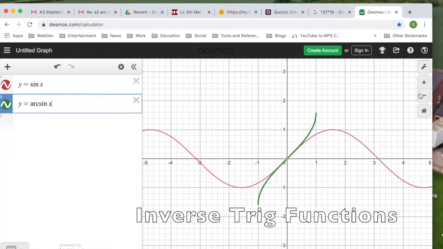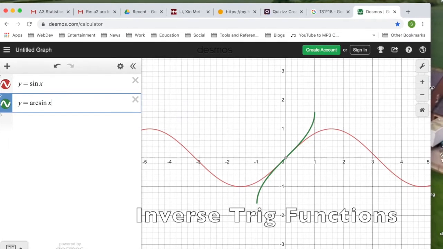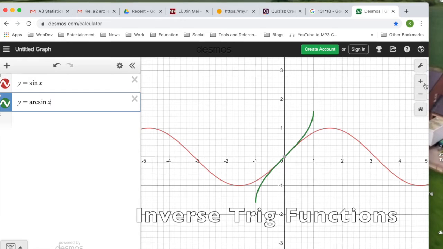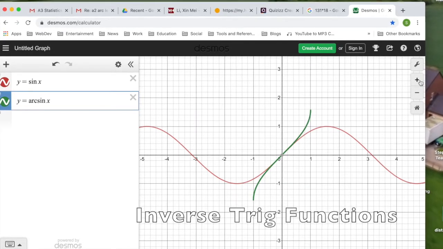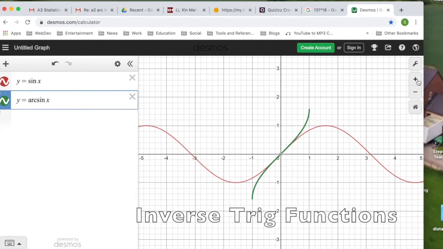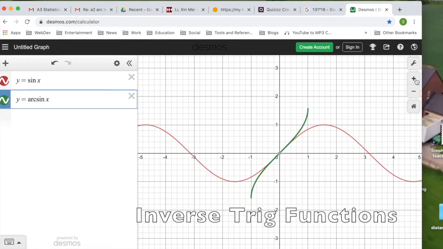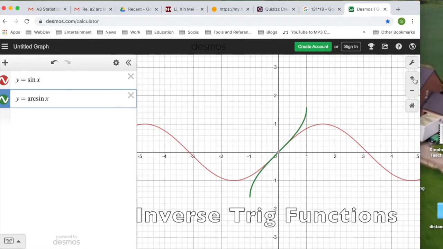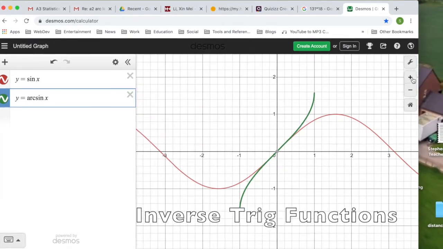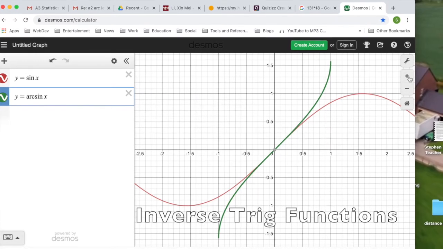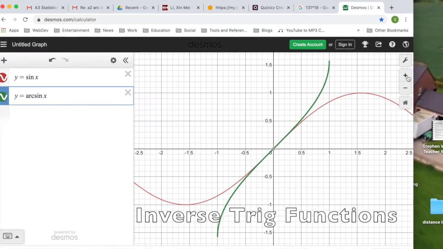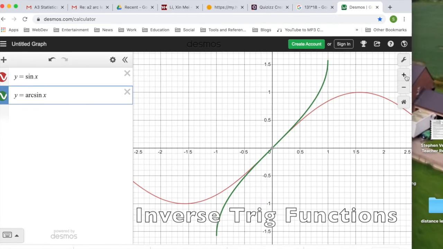But here the x's and y's are swapped. So you can see how, if the x is now the trig value, the y axis is giving you the radian value. As x gets closer to a trig value of 1, the y value gets closer and closer to pi over 2.